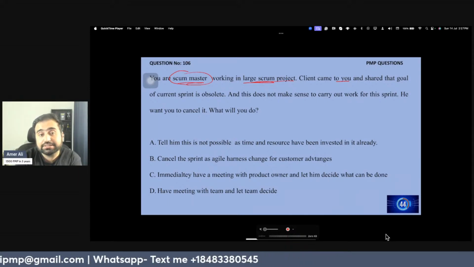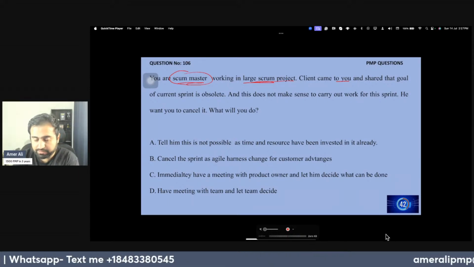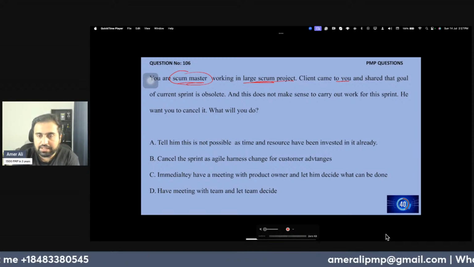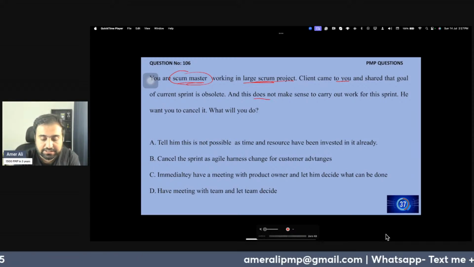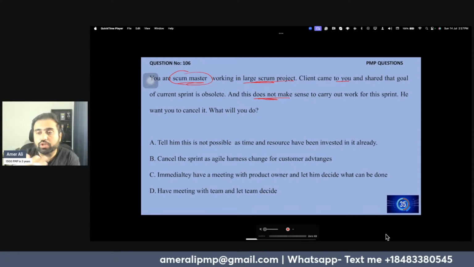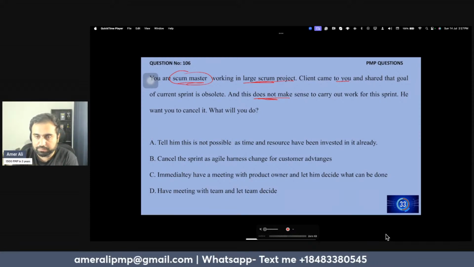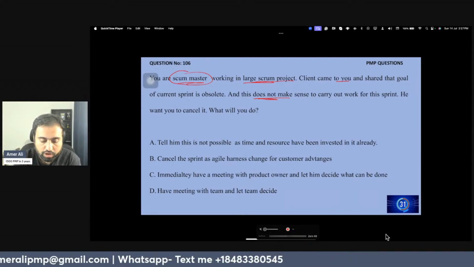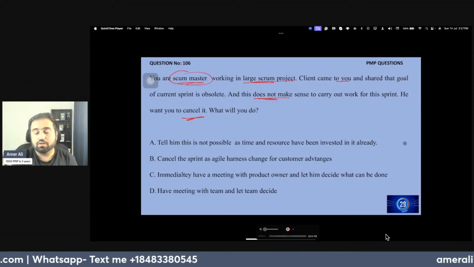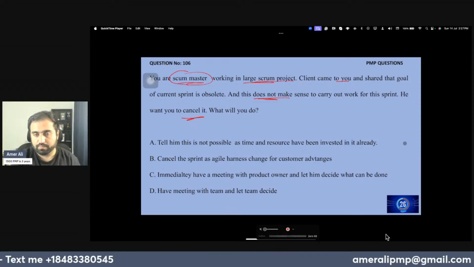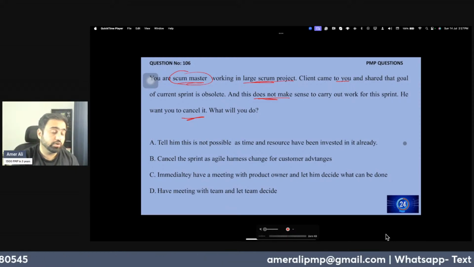The client is saying the goal is obsolete, and that it does not make sense to carry out work for this sprint. He wants you to cancel it. What will you do?